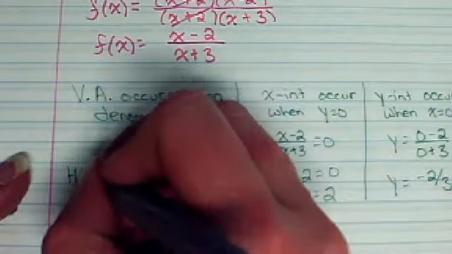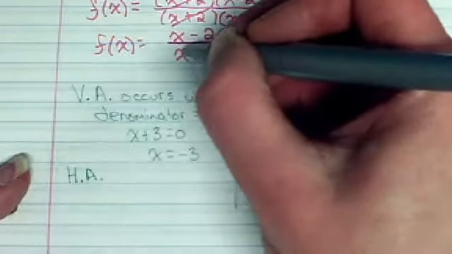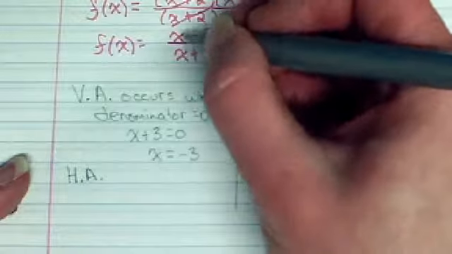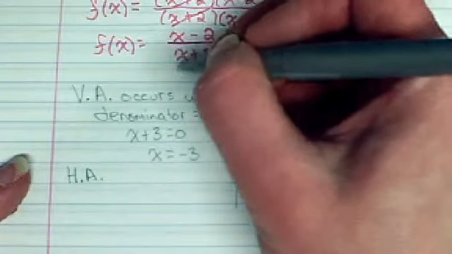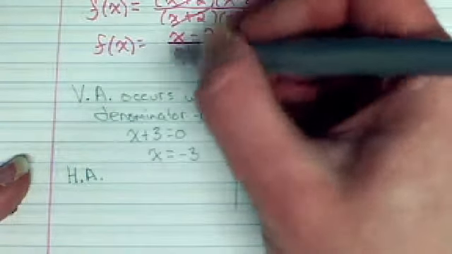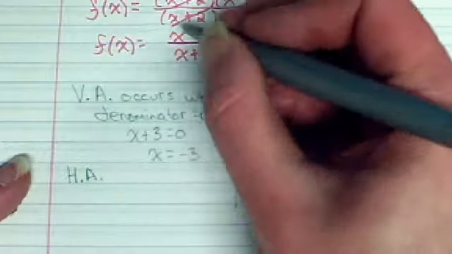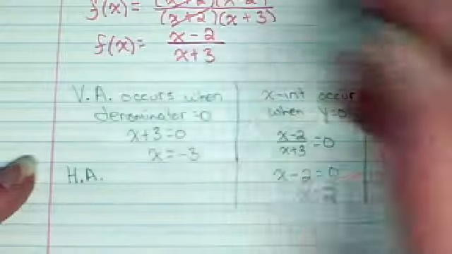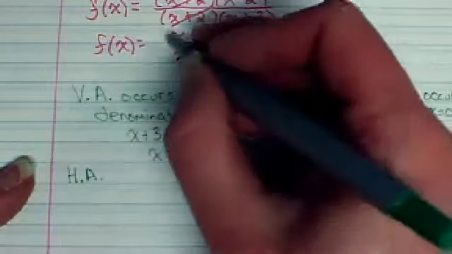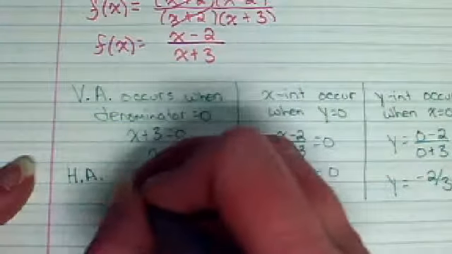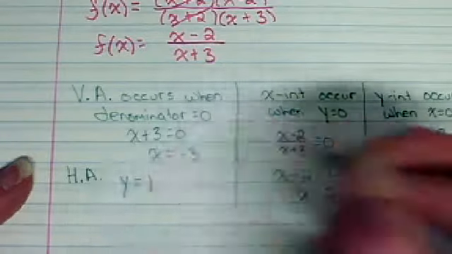Now, the horizontal asymptote, if your degrees are the same, you find that by really just dividing those leading coefficients. So if we look at those leading terms and we divide the leading coefficients, that's a 1 and that's a 1, so 1 divided by 1 is going to give me a 1.